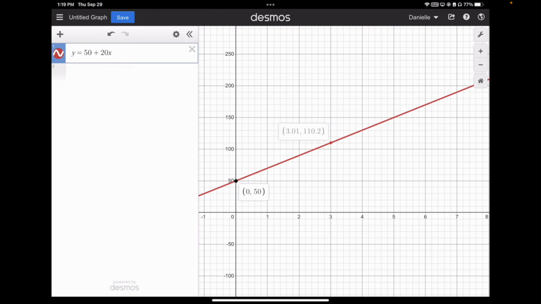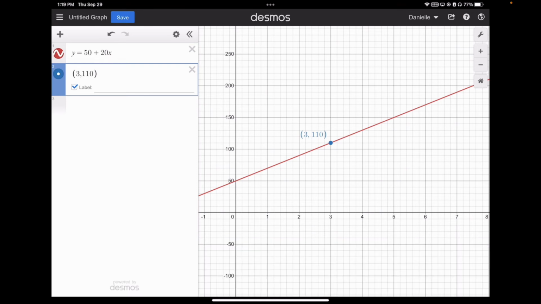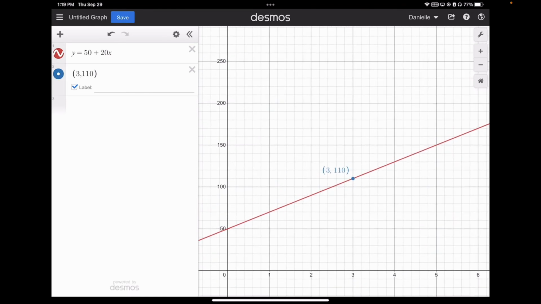That's because my input is weeks, and then my output value would be how much she has saved. So what I am going to do is you can actually put 3, I believe, and then 110 as a point there, and I can label it so that it shows. So this is what I'm going to snap a little picture of and put on my homework.